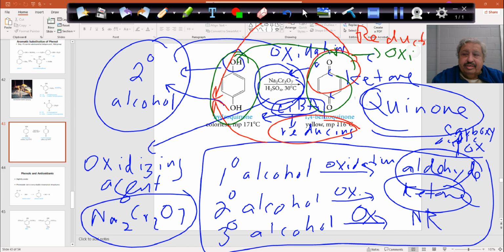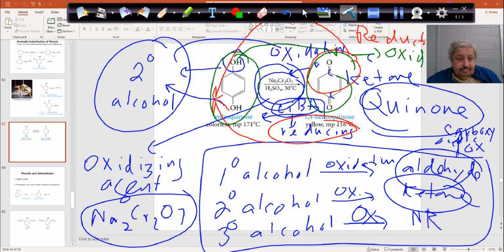So you can get a quinone by oxidation of hydroquinone, correct? However, I can convert the quinone, the ketones, back into secondary alcohol by using a reducing agent, which is lithium tetrahydrogen boron. So it's another compound.